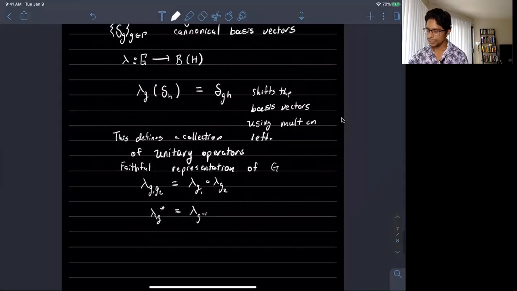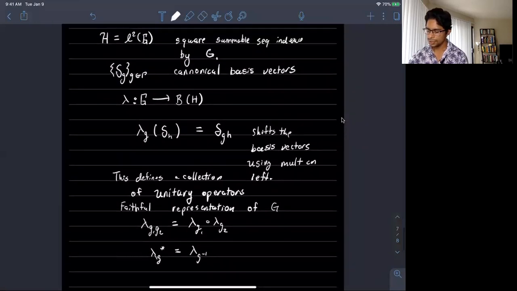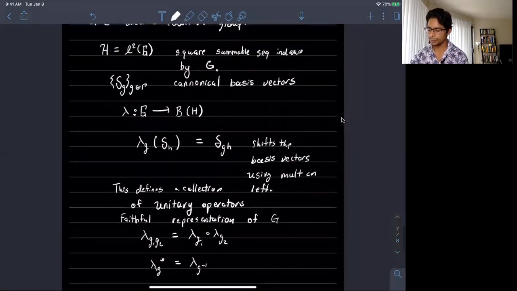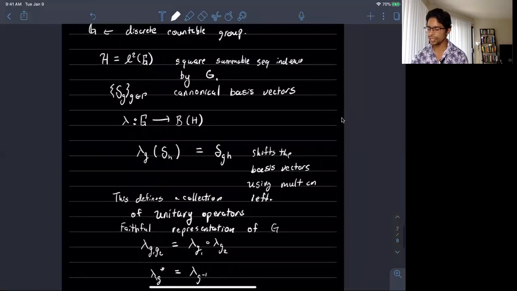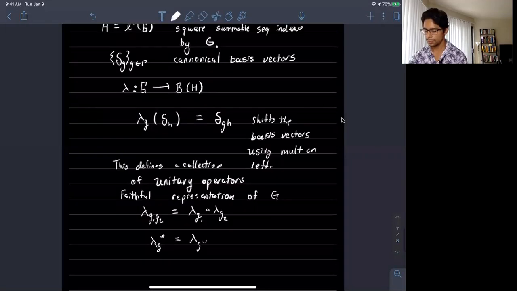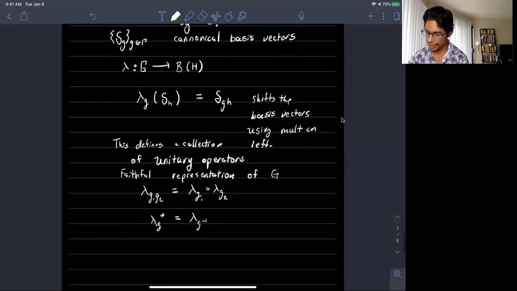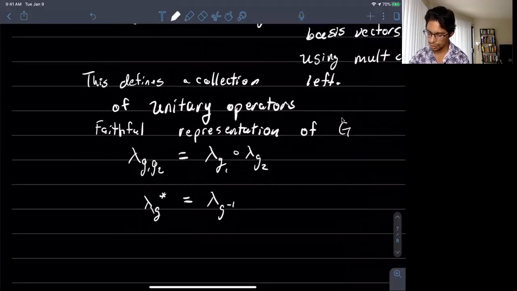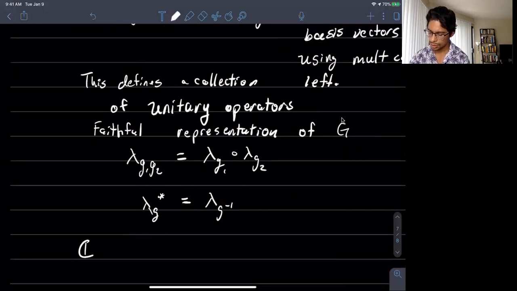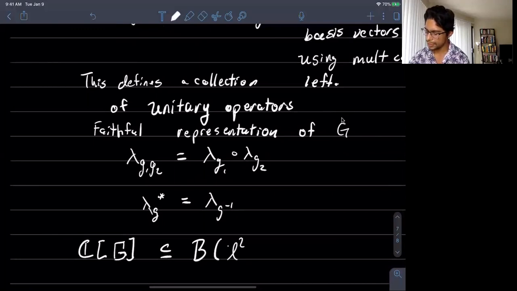So let's zoom out slightly. Now that you have this collection of unitaries, we can build an algebra out of them. We can consider the group ring inside of the bounded operators on this L2 space.